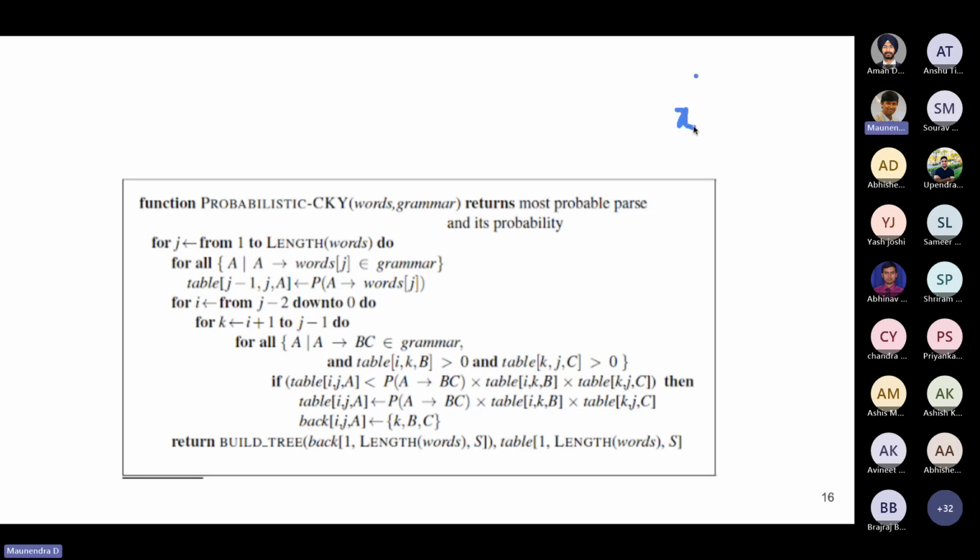So we have, say, X[i,k] and X[k,j]. So there is a parse under this, there is a parse under this, and we are combining these two parses using a rule. Suppose this is governed by B and this is by C, and we have a rule A to BC.